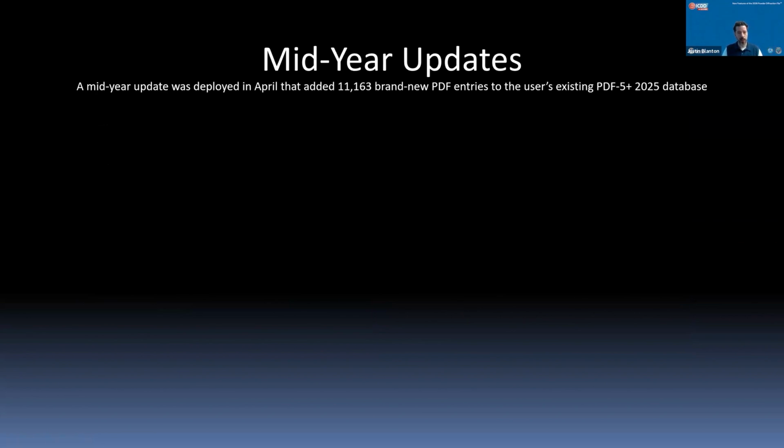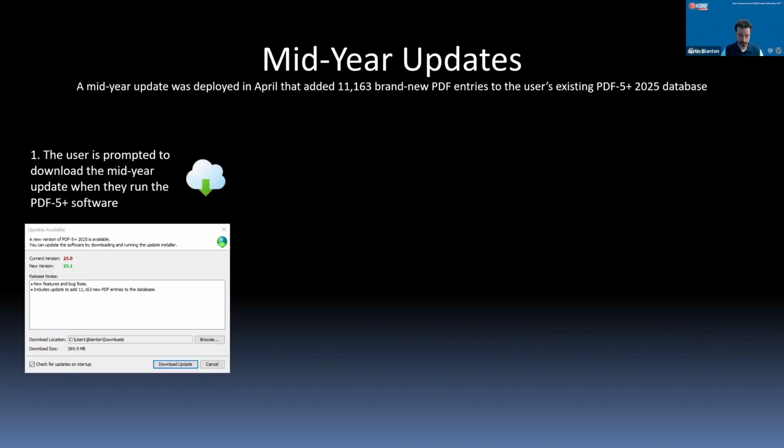I will say we did have mid-year updates during this past spring. A mid-year update was deployed back in April that added 11,163 brand new PDF entries to the user's existing PDF5 Plus 2025 database. If you are a PDF5 Plus user and you have the 2025 database, you may have already encountered this.